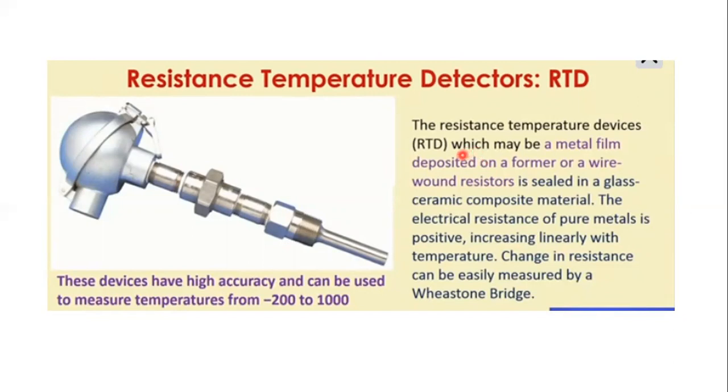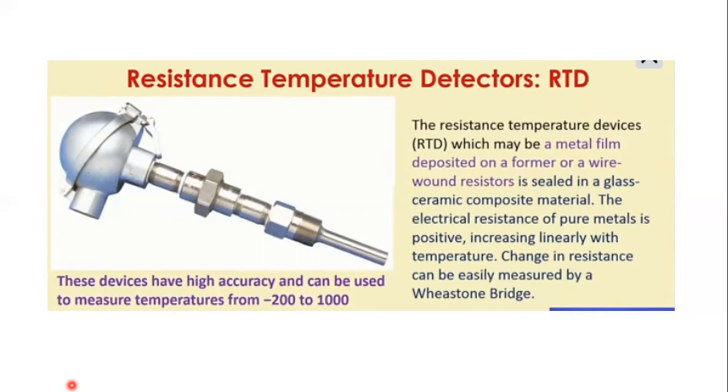The most commonly used one is platinum wire because platinum has a high operating range from 4 Kelvin to 1064 degrees Celsius. So commonly we use platinum as an RTD because it provides extremely reproducible output. For the measurement of lower temperature, we use nickel to make RTD. For lower temperature measurement up to 600 degrees Celsius, we use nickel to construct an RTD.